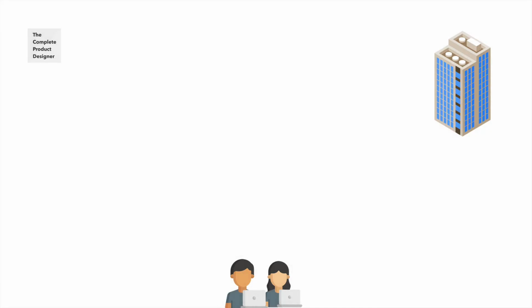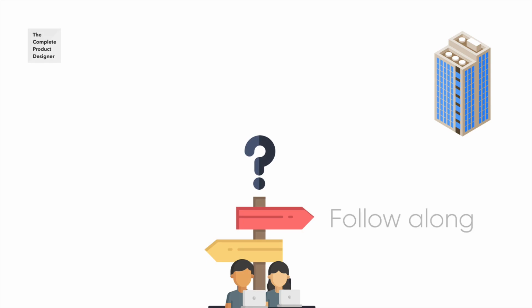Welcome back. Now, this course has two paths for you to take, depending on your situation. So what are these two paths? Well, one is to just follow along. We're going to show you step by step how to go from start to finish, from sketching to having ideas to final full-fledged interactions, animations, and final designs for the product.